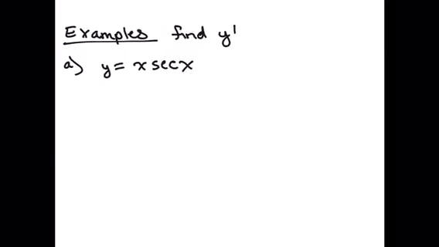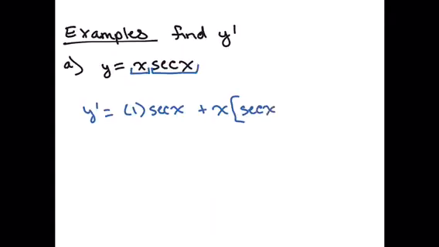Let's use these in more complicated functions. So if I want to find the derivative of x times secant x, well, this is going to be a product rule where my first function is x, my second function is secant x. So my derivative is the derivative of the first times the second plus the first function times the derivative of the second function, and we now know that the derivative of secant is secant x tangent x.